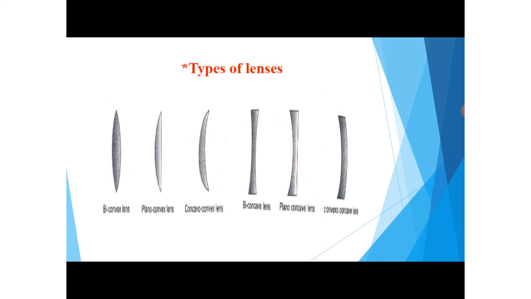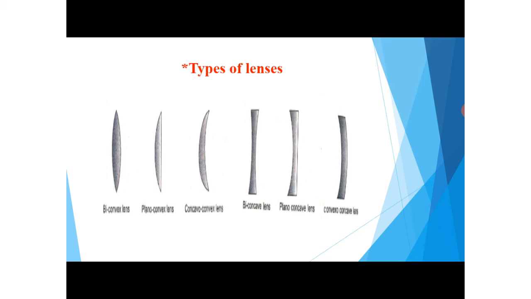The first one is biconcave lens, and you can see from the first figure, both the faces are concave here, they are bulged in, dipped in. So in this case, the center is thin as compared to the outer edge of this biconcave lens. So both the faces are concave.